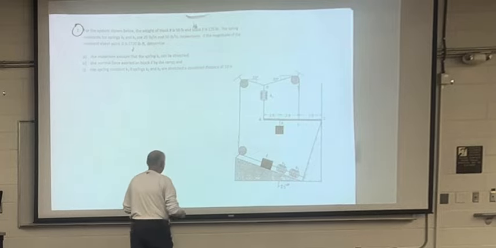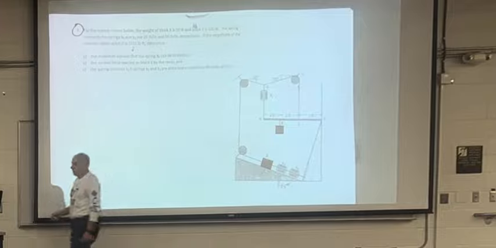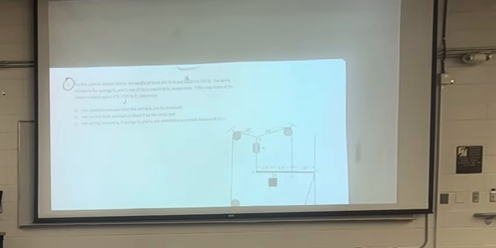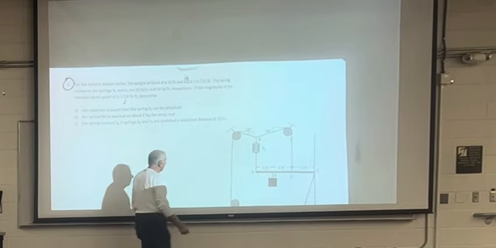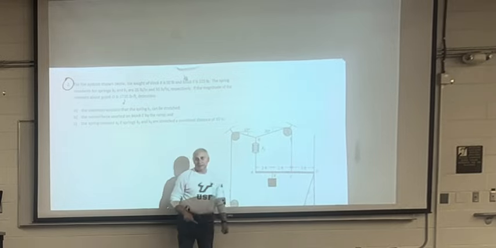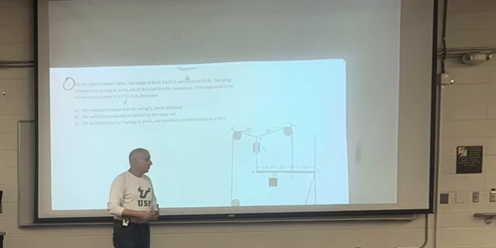And then, of course, I see a 2D system where I have a concurrent system here at G, right? So sum of forces in X, sum of forces in Y equals 0.